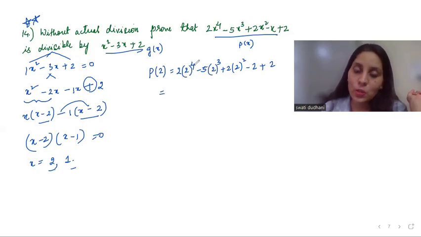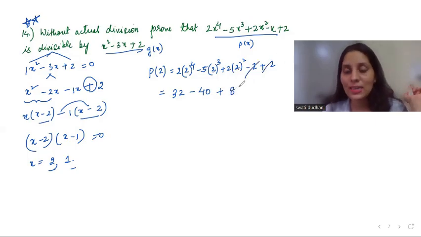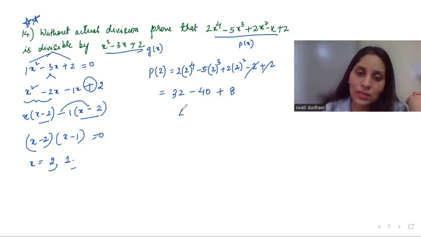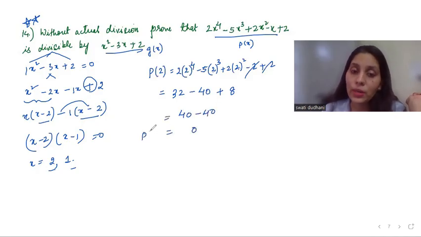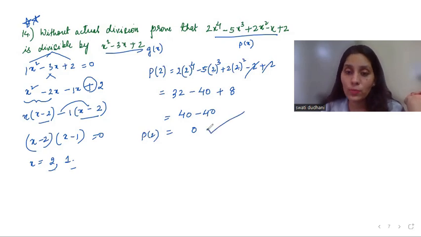So this becomes 2 power 5, which is 32, minus 5 into 2 cube, 5 into 8 is 40, plus 2 into 2 square, 4 into 2 is 8, minus 2 plus 2 cancel. So 32 plus 8 is 40, minus 40 is equal to 0. So P of 2 is equal to 0.